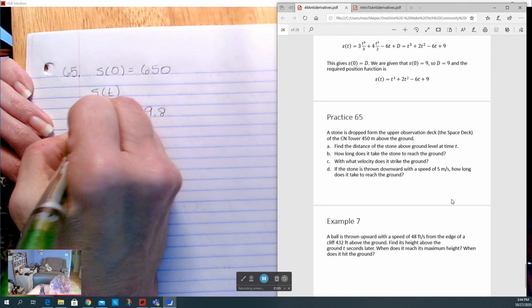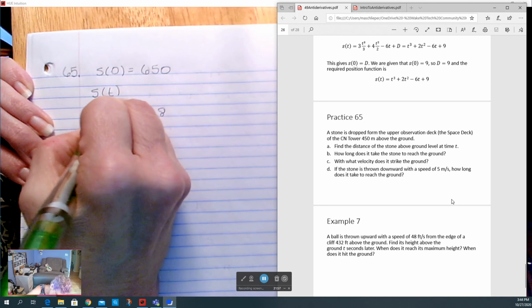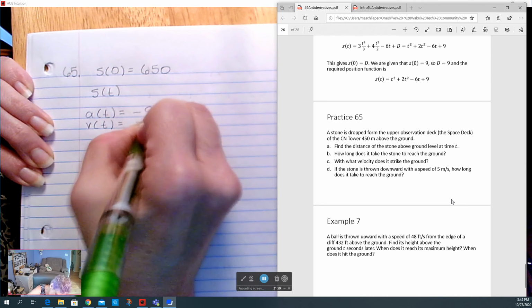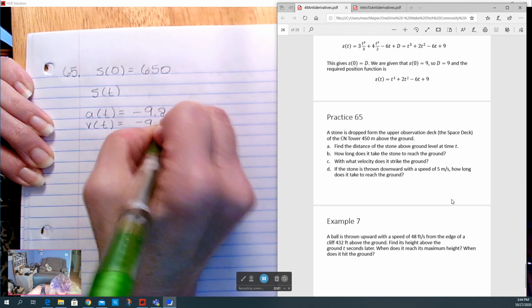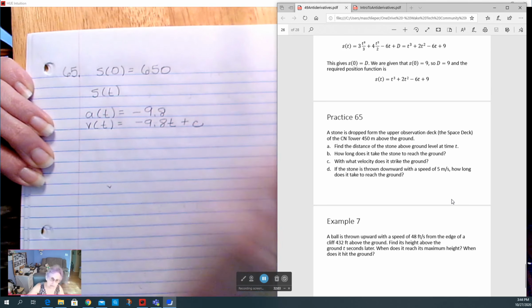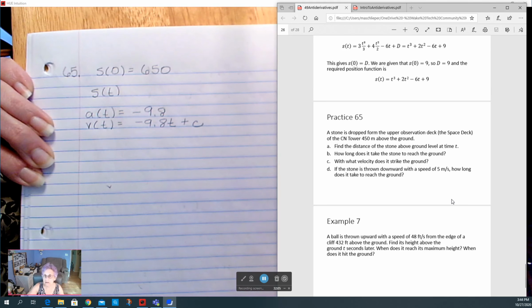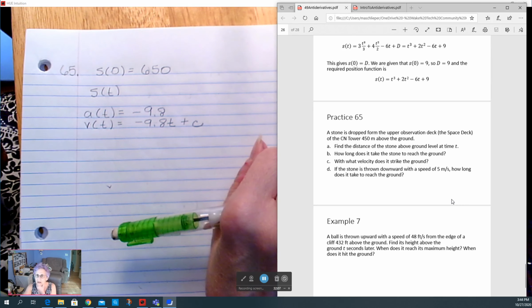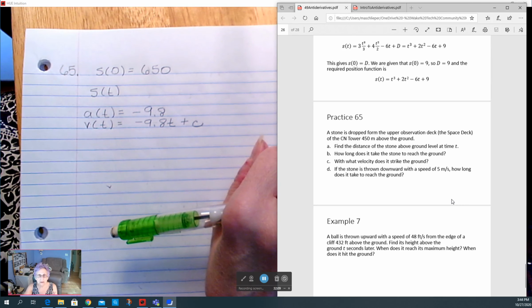So that means that velocity at time t is negative 9.8t plus a constant.